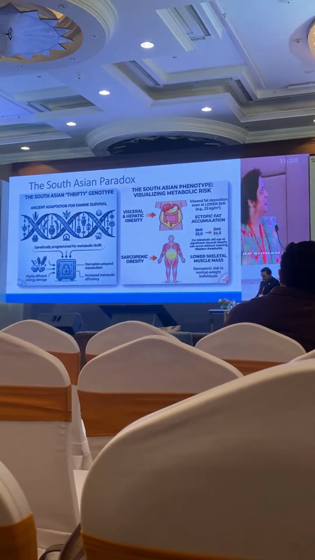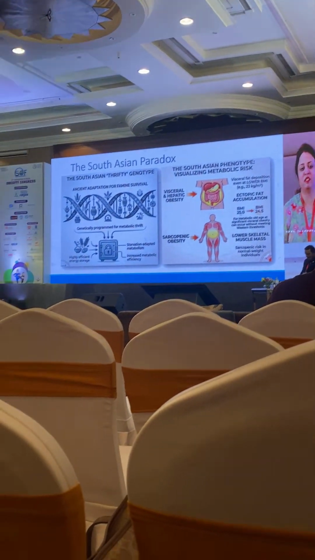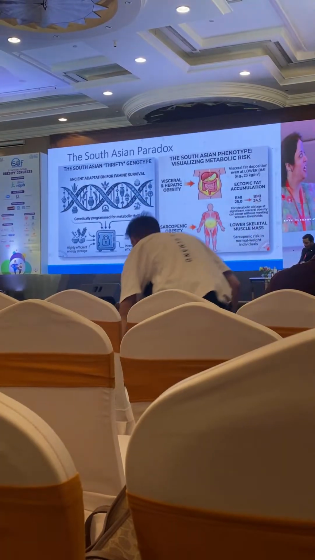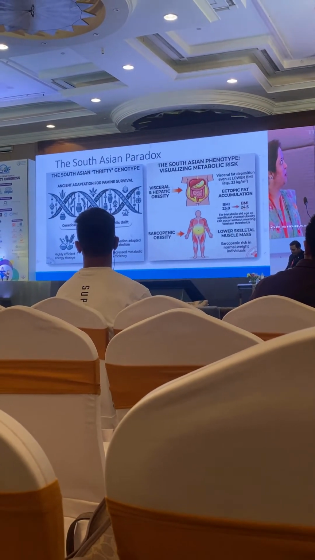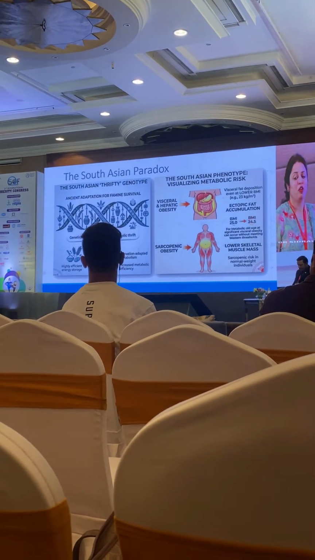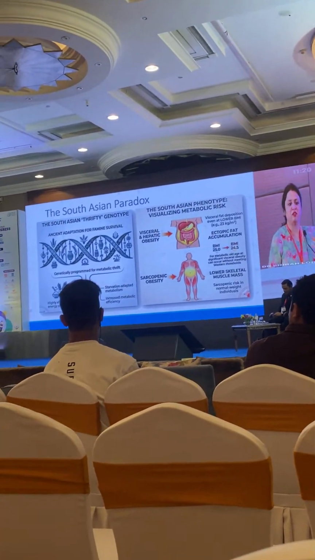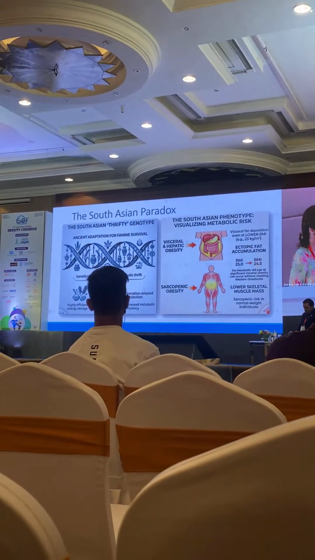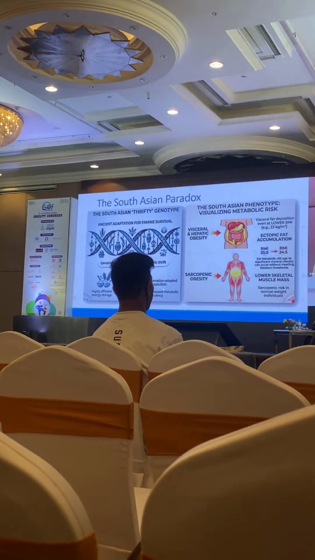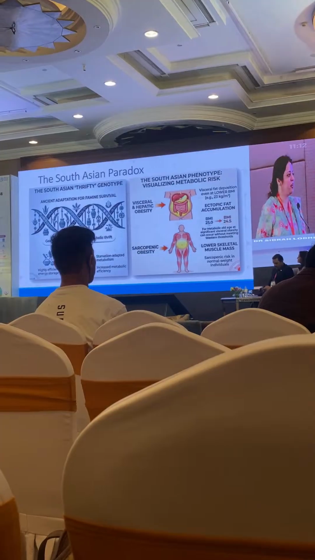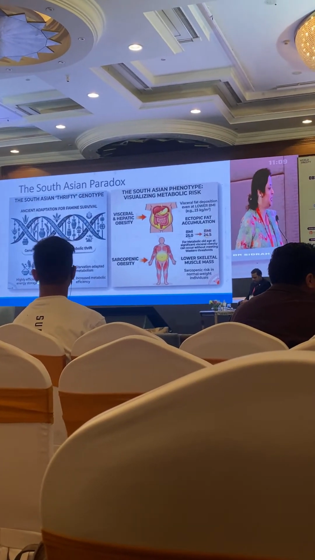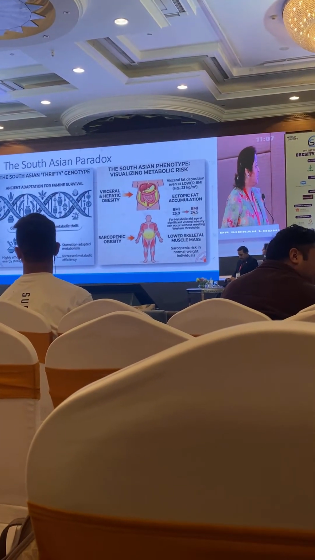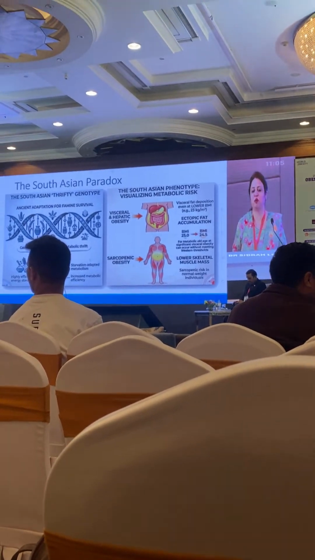With that, ladies and gentlemen, I bring you to consider this very, very busy slide. I will take you through this, the South Asian paradox. You have been hearing since morning about how we have a thrifty genotype, how we are programmed for starvation. We have adapted our metabolism over centuries, and we have more efficient energy storage.